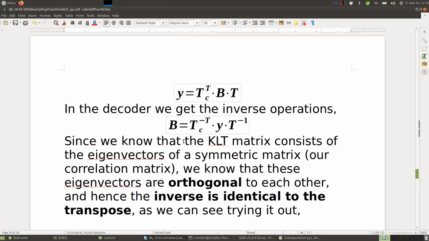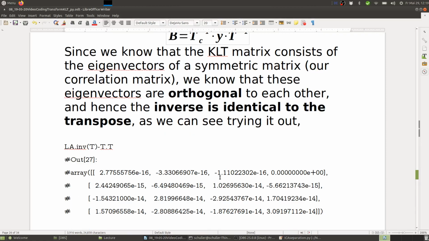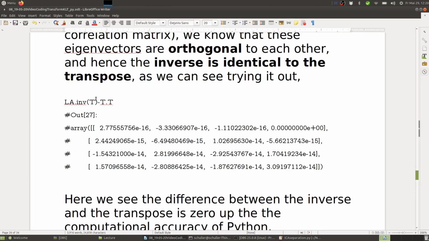Since we know that the KLT matrix consists of the eigenvectors of a symmetric matrix, our correlation matrix, we know that these eigenvectors are orthogonal to each other, and hence the inverse is identical to the transpose, as we can see by trying out. So here we have the inverse of our KLT matrix T minus T transpose, and we see it's indeed identical except for rounding errors again. So that shows that our eigenvectors are indeed orthogonal.